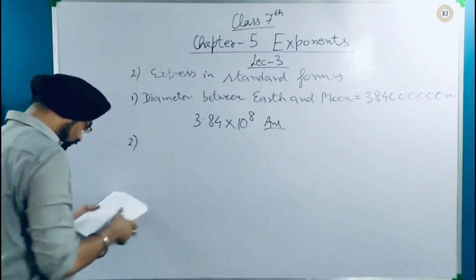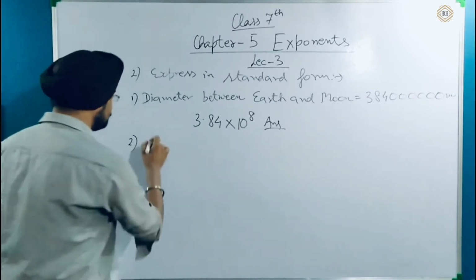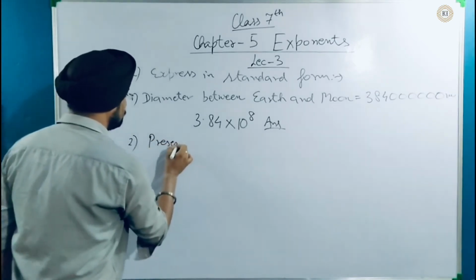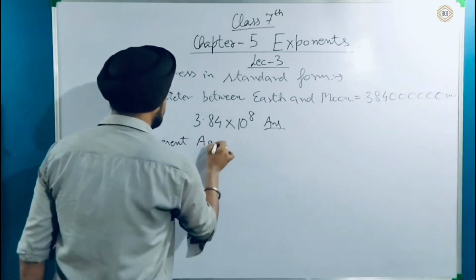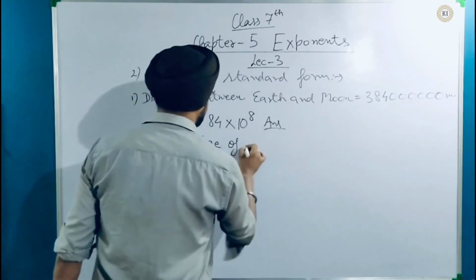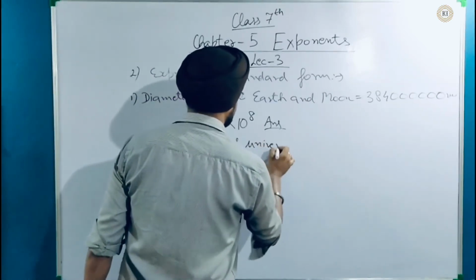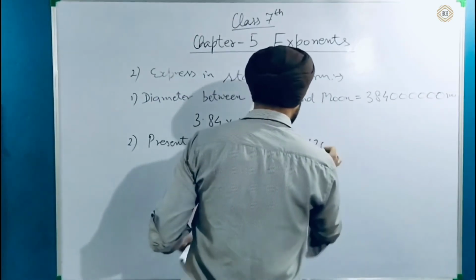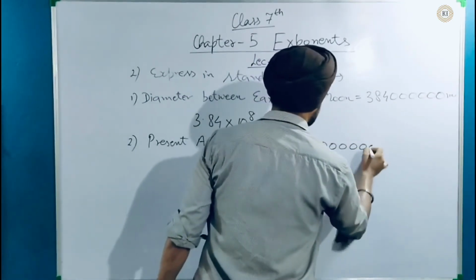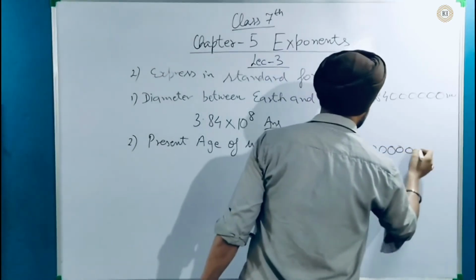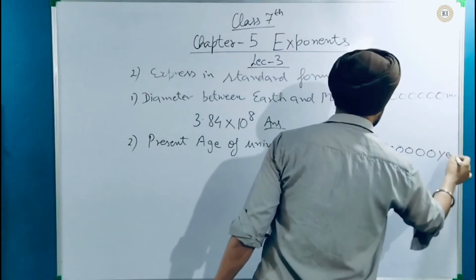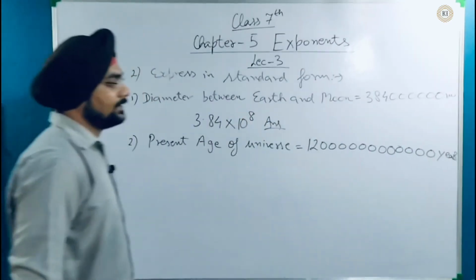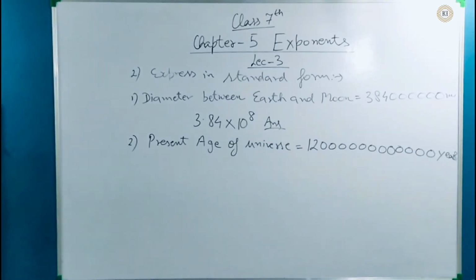Now second question on this will be: present age of universe is equal to 1.2 followed by zeros. Now you can see that this number is very large, so we have to express it in the standard form.